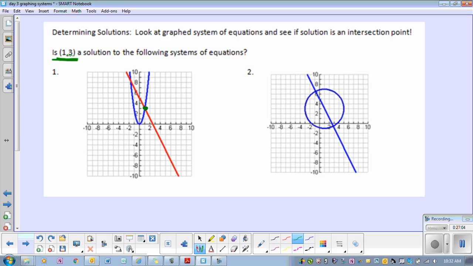Is that a solution for number 1? Yes. Okay. Now how about for number 2? 1, 3. It's a point on the line, but is that a point where they intersect? No, so 1, 3 is not a solution over here. Okay? And that's it with those.